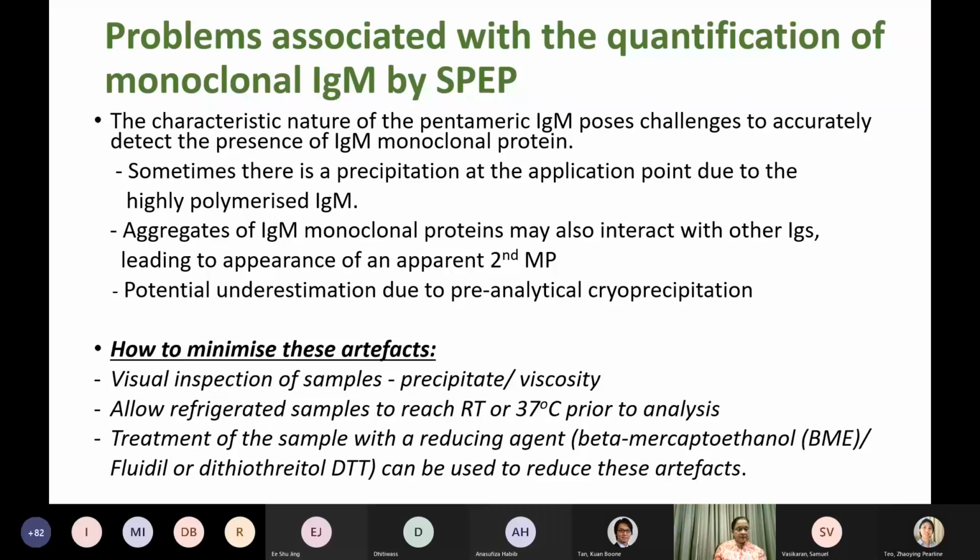Treatment of these samples with a reducing agent such as beta-mercaptoethanol or dithiothreitol, DTT, could be useful to reduce these effects. These agents usually reduce the disulfide bonds and split the molecule into a form that is less likely to cause these problems.